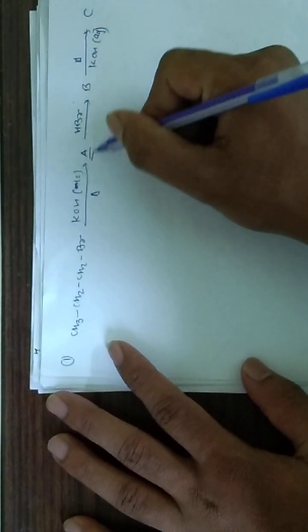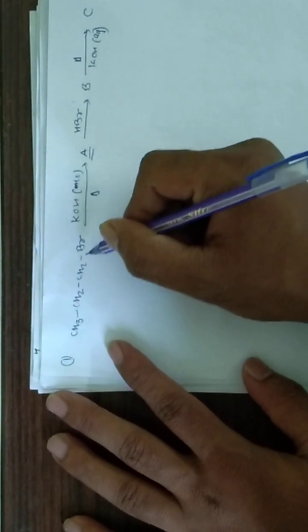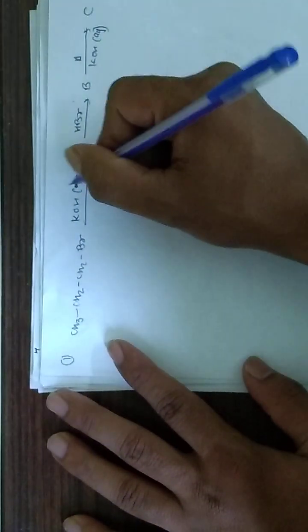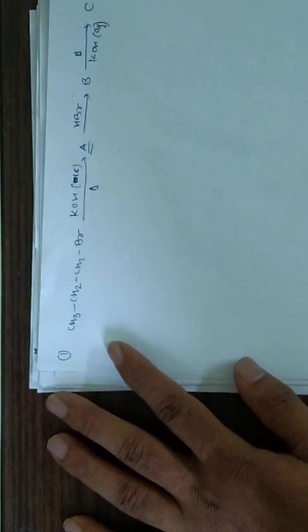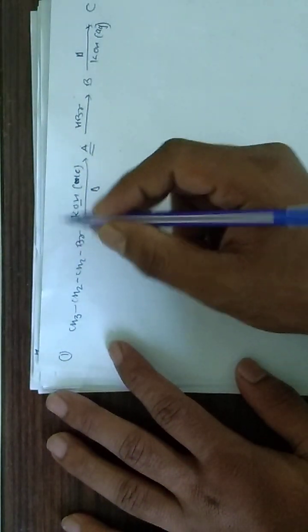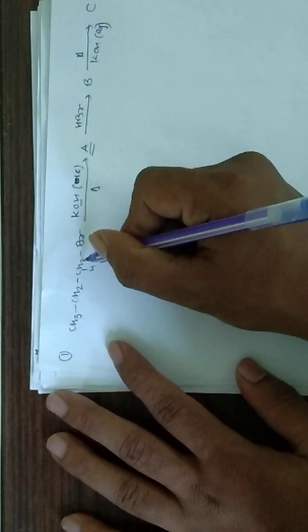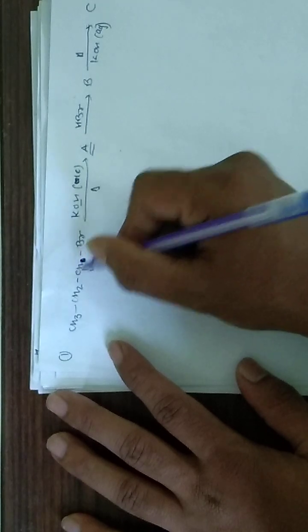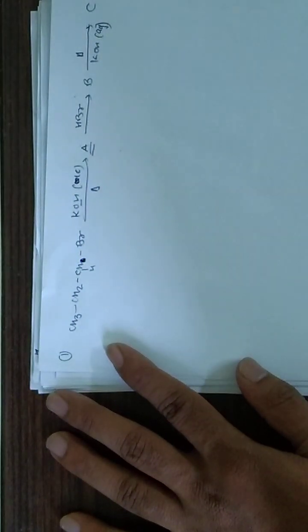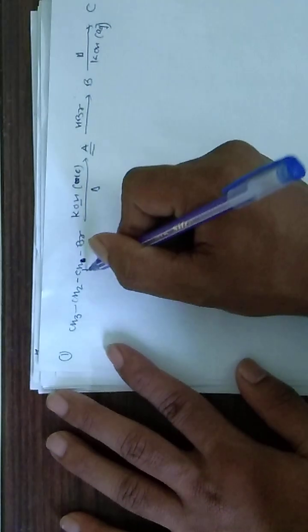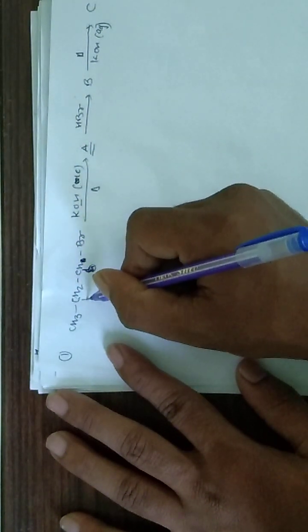I hope you have already studied this reaction. What will be the product A first? If we react alkyl bromide with alcoholic KOH, then what happens? Elimination reaction happens. The base takes hydrogen from the carbon next to the carbon bearing bromine.